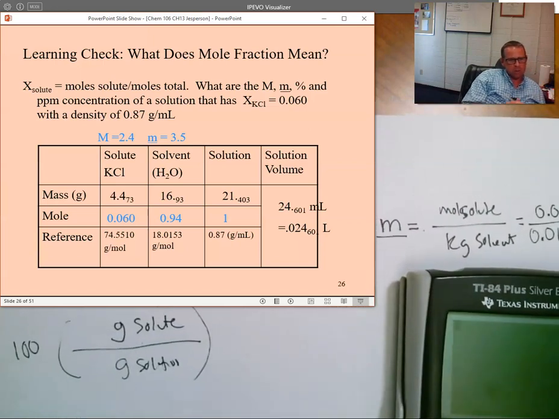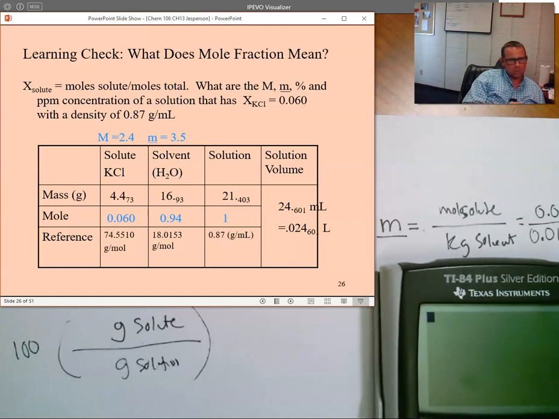Where do we get those values? Where's our grams of solute? 4.473. Okay. And where's our grams of solution? 16.93. Oh, wait. Hold on just a second.